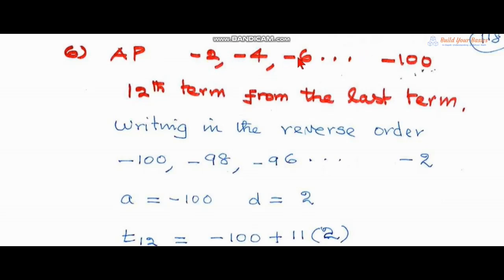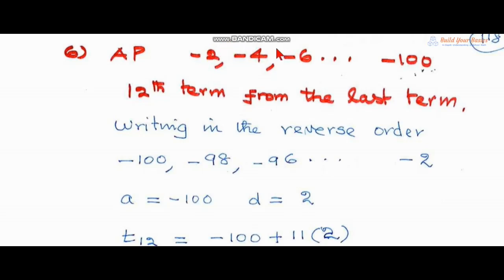How do you get the succeeding term? By adding -2. How do you get the preceding term? By adding 2. -6 plus 2 is -4. -4 plus 2 is -2. So to get the succeeding term, we have to add -2. To get the preceding term, we have to add 2.